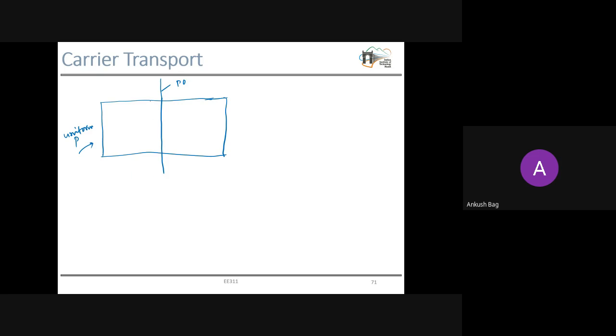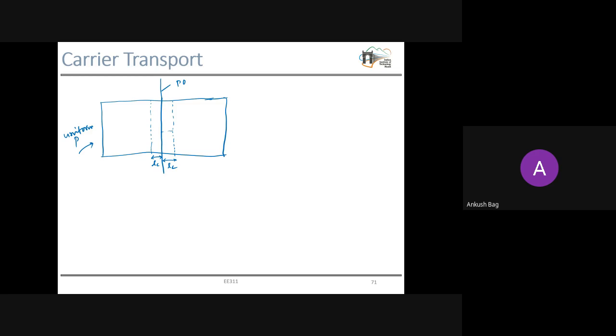Now I'm observing carrier movement within LC. This is LC from the plane of observation towards the left side, and this is LC towards the right side. Why have I considered LC from the plane of observation? Because if we consider one electron-hole pair generated at this plane of observation, it can reach at most this LC.